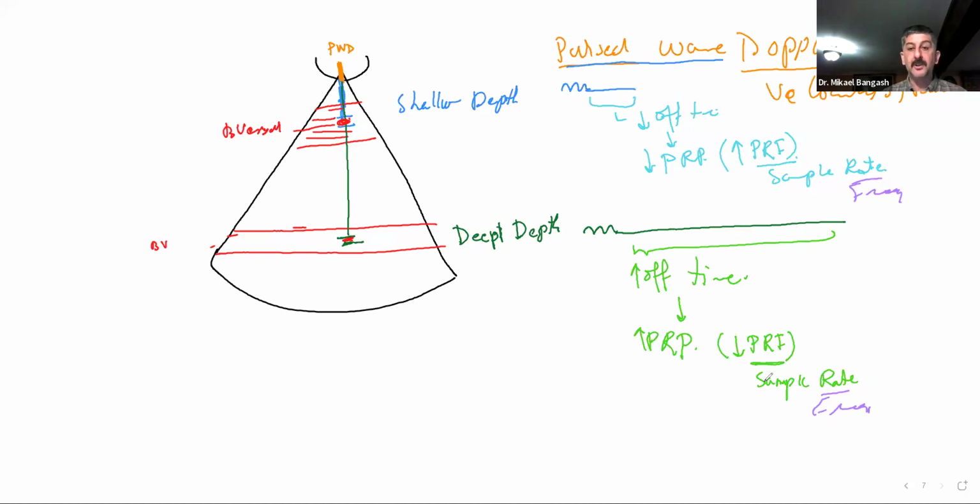How many samples do you get in a unit of time? Which is just going to be the same as your PRF. Did you guys get that?